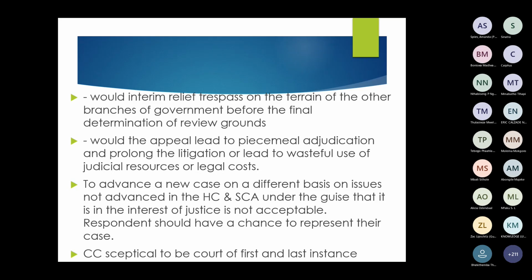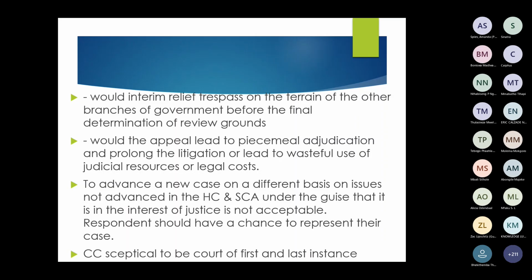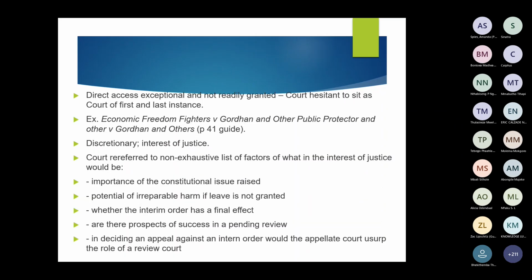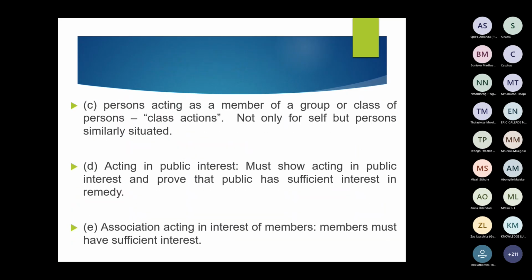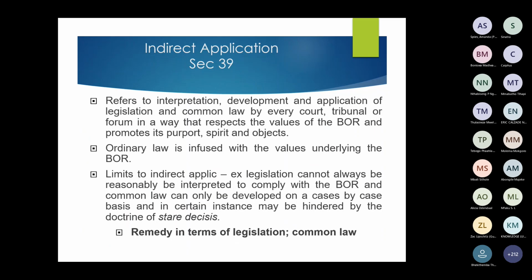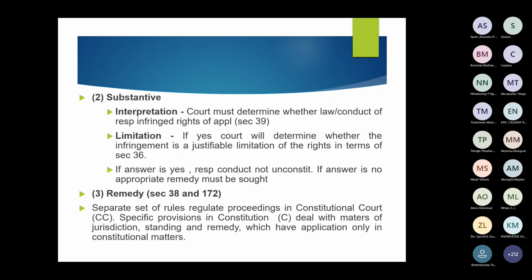And as we just finished off with direct access, that is obviously the first section in terms of the structure of litigation: application, justiciability, and jurisdiction, which are the first three steps. The second we are going to move into now, which is interpretation and limitation.